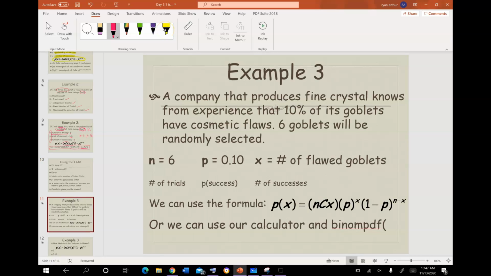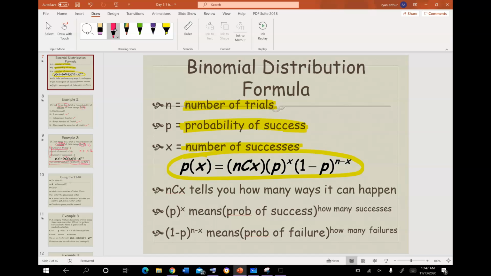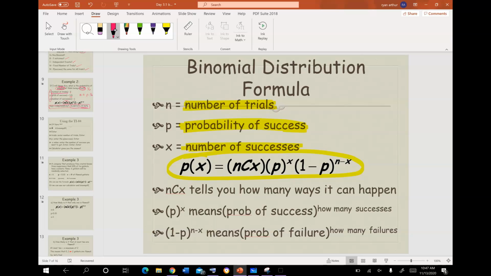It says, a company that produces fine crystal knows from experience that 10% of its goblets have cosmetic flaws. 6 goblets will be randomly selected. Okay, so N is your number of trials, P is your probability of success, and X is your number of successes.